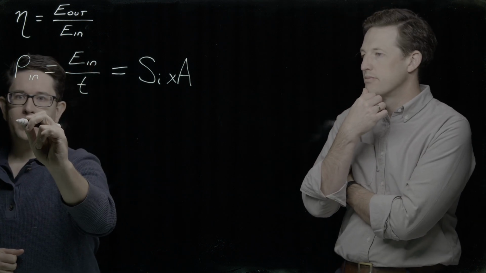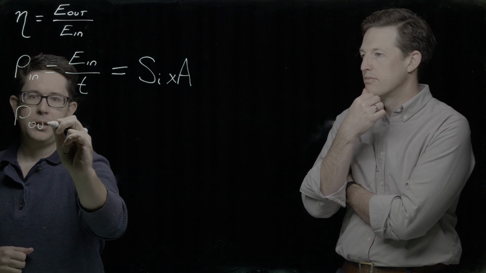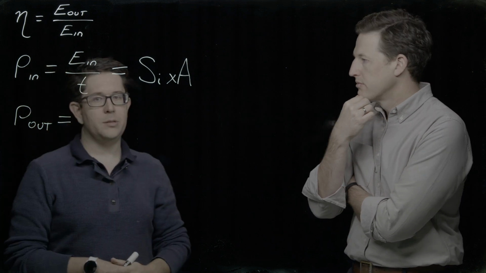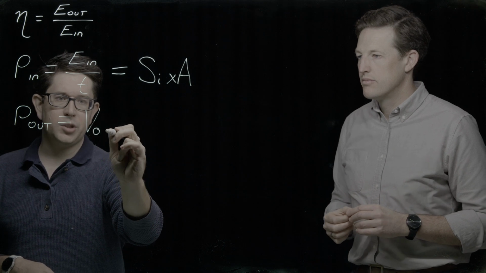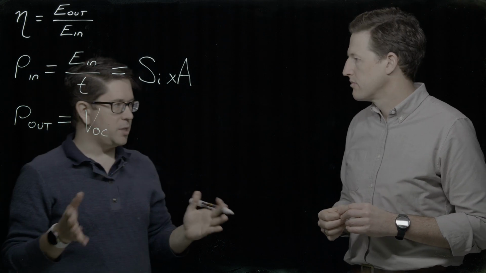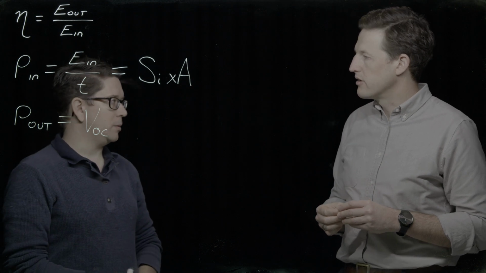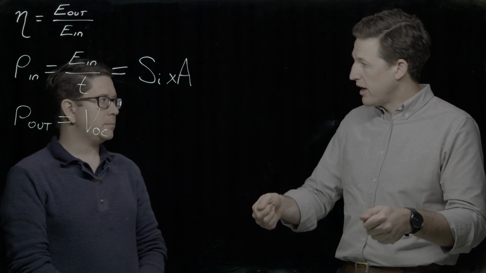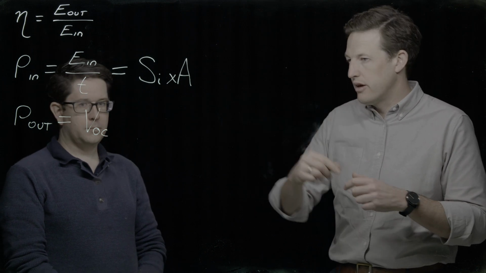The power out, in this case, would be a combination of 3 factors. The first factor is how much voltage we get when the solar cell is disconnected, or as we might refer to it, at open circuit. Okay, so there's nothing connected, it's just sitting there on its own. Yep, and then we can measure that with a voltmeter, and that will give us a value, and that's what that VOC is.